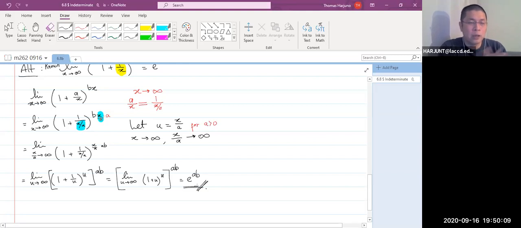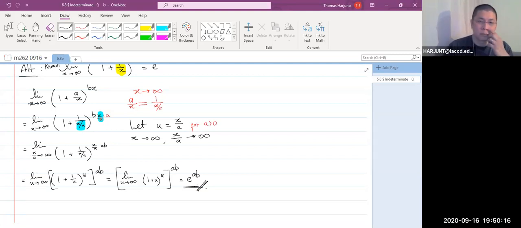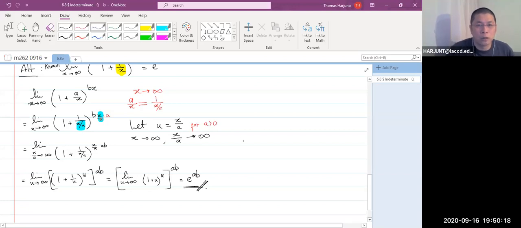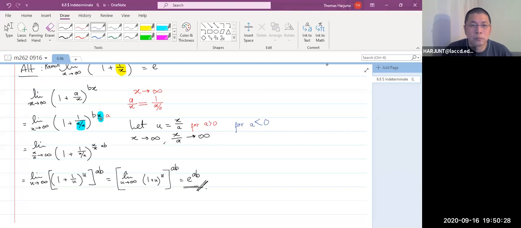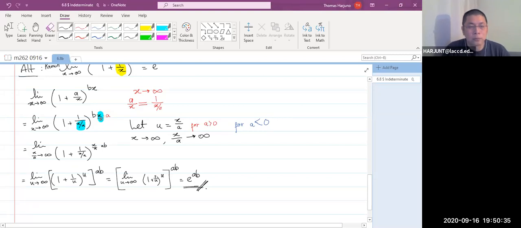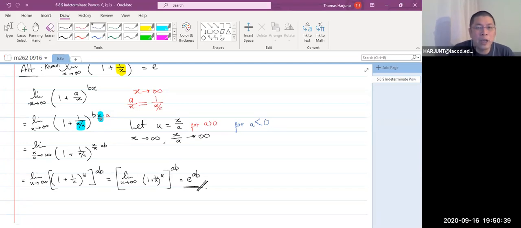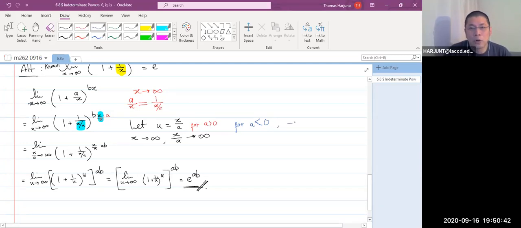Thomas, what happened if a is negative? Let me use blue color. For a being negative, oh, thank you, this should be 1 over u here. Like that. Now suppose a is negative, so negative a is positive then.